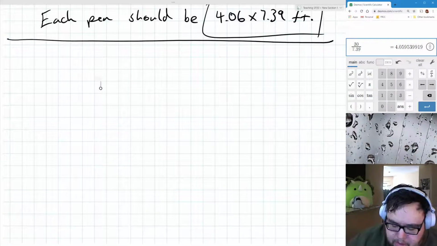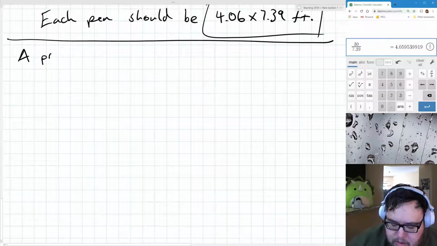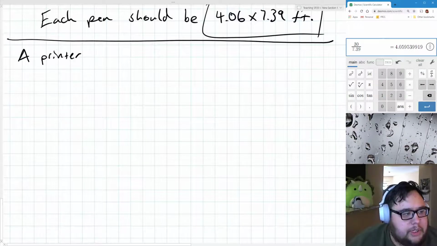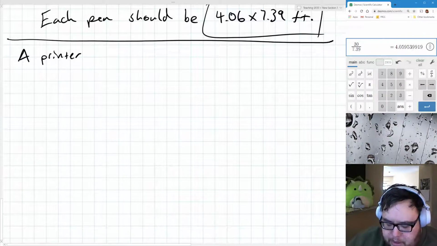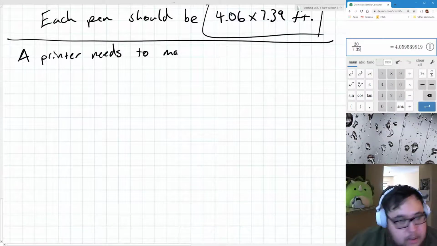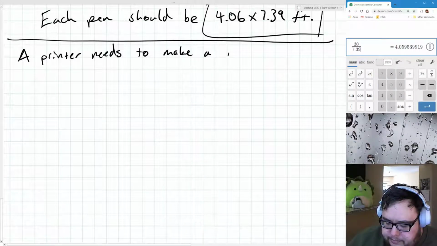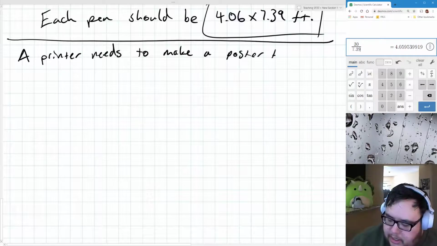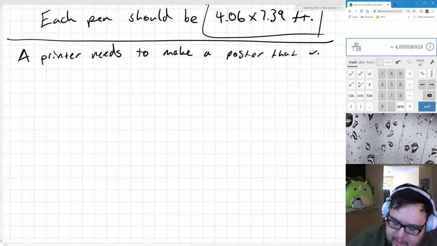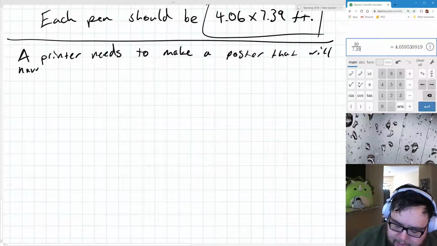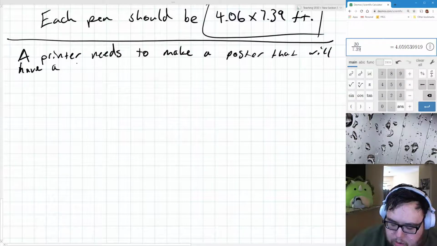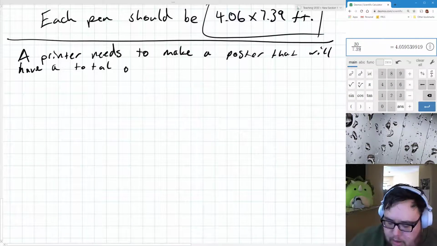So a printer, here the profession, not the office supplies object, needs to make a poster that will have a total of 600 square centimeters area.